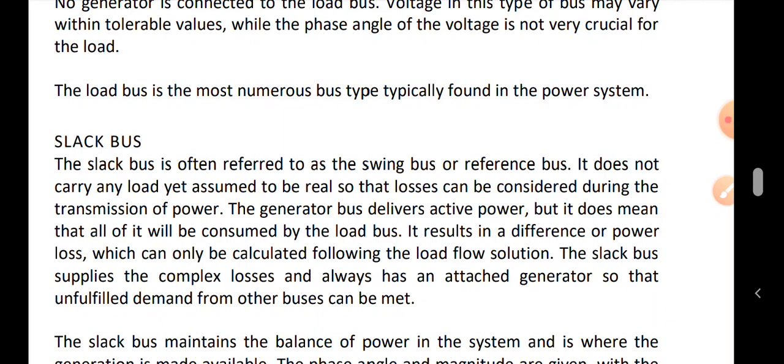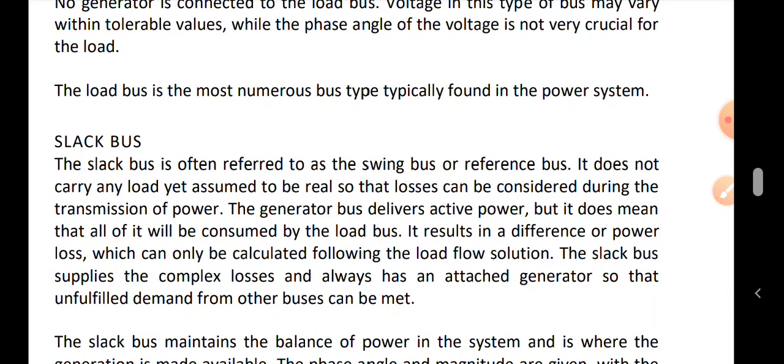Why is it called a reference bus? This is called a reference bus because here we take the reference voltage, and that is mostly in the power flow solution taken as 1, unity.